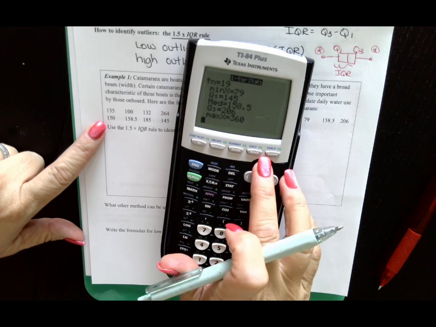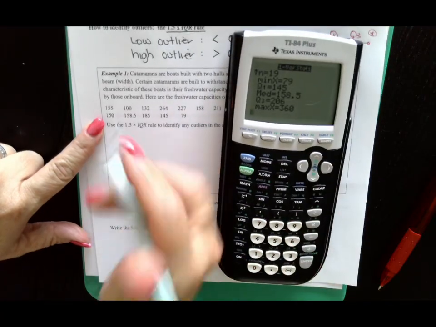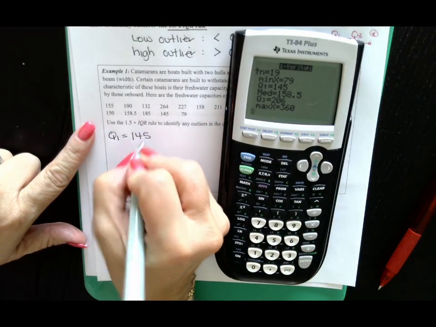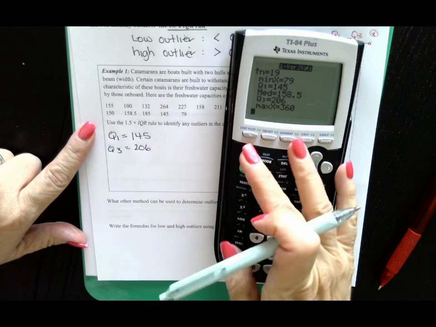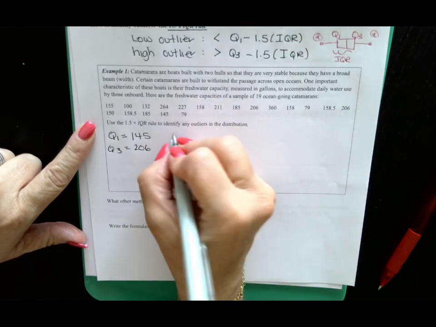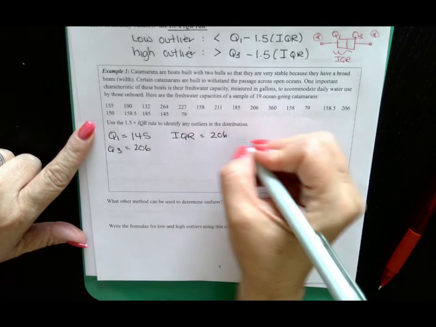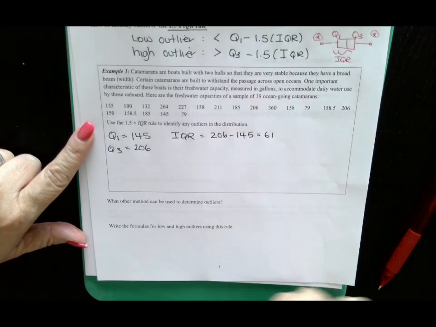And if I need IQR, then I have to go get all of this information. What I have here is that my Q1 value is 145, and my Q3 value is 206. So this makes my IQR 206 minus 145, which is 61.